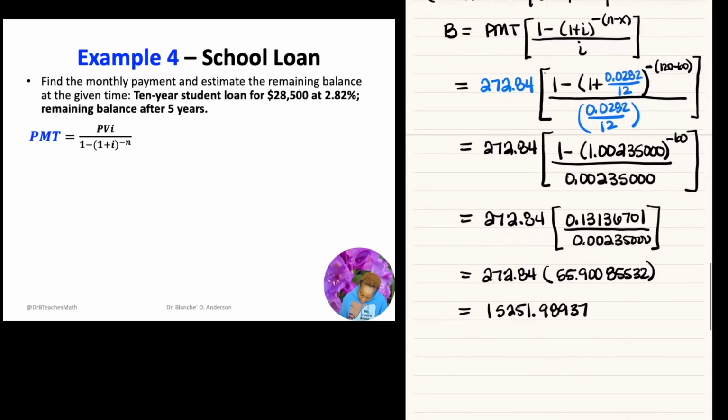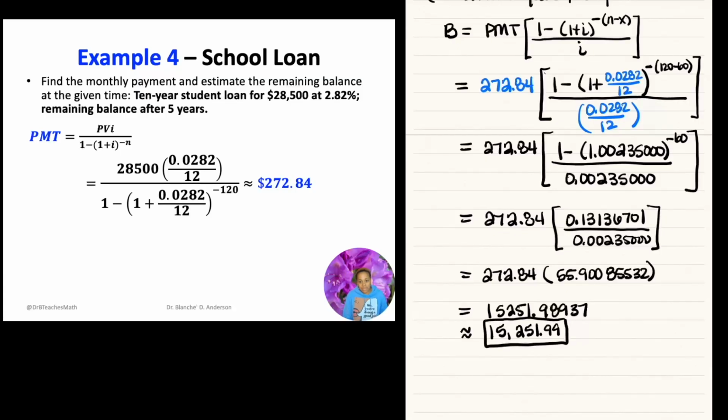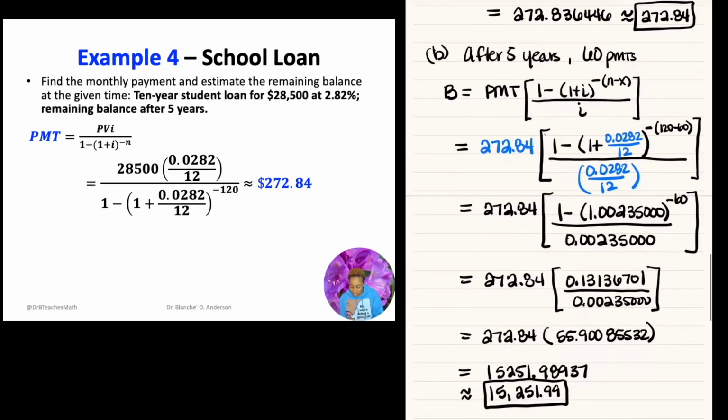And that's approximately 1,551.99. Oh, sorry, I put my comma in the wrong spot. Now remember, this gives you an approximation. If this were a bank, they would give you the exact, okay?